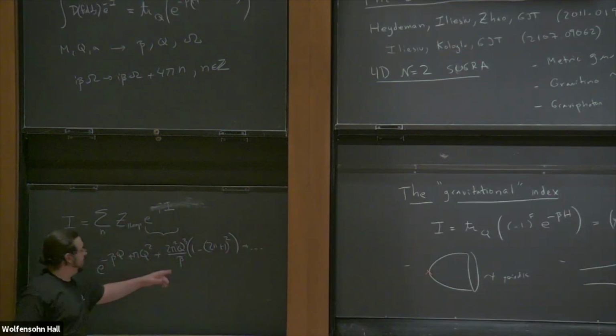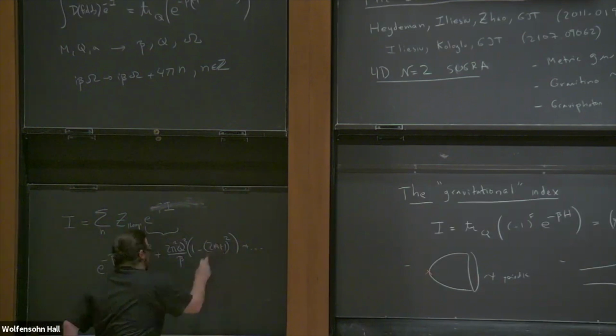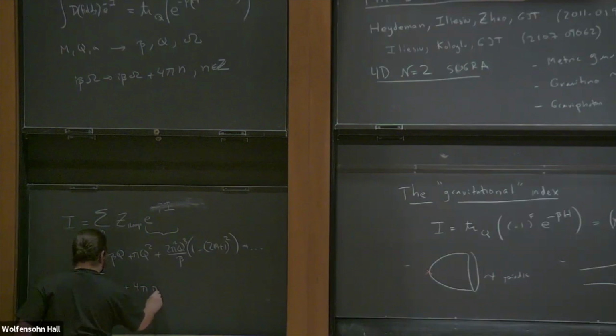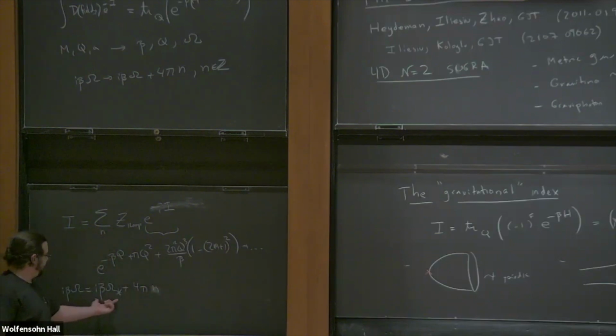So these are saddles where the angular velocity is the i beta omega corresponding to the index plus 4 pi m. So they are the ones I mentioned before.